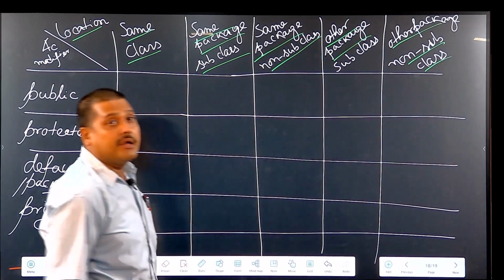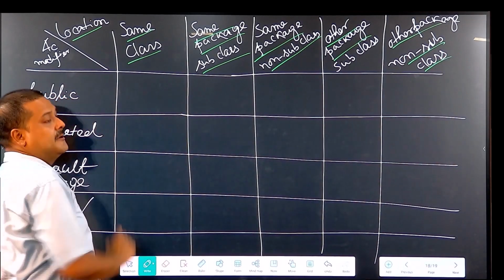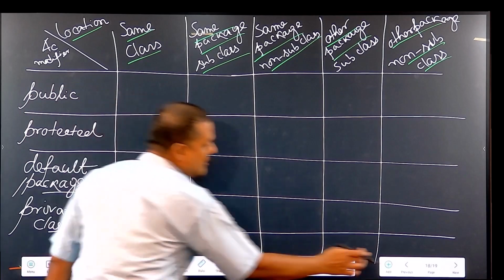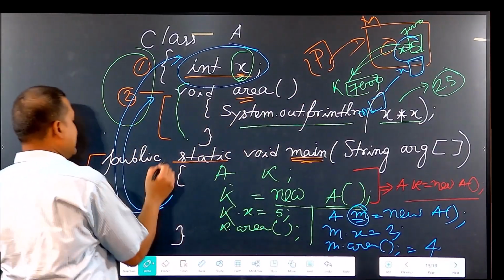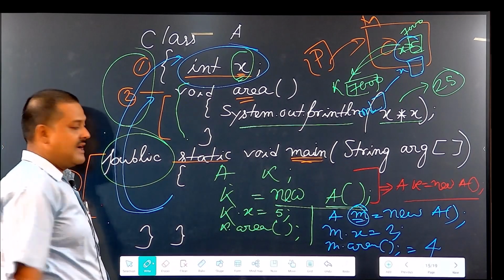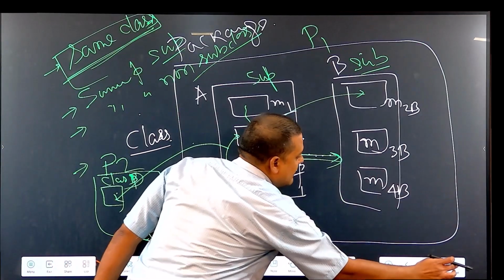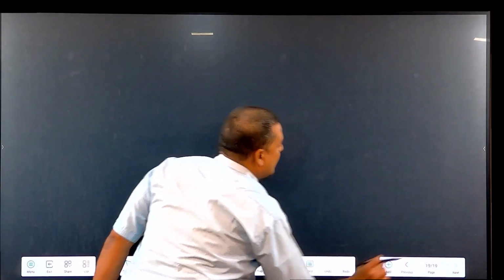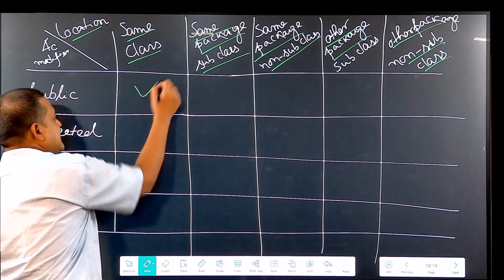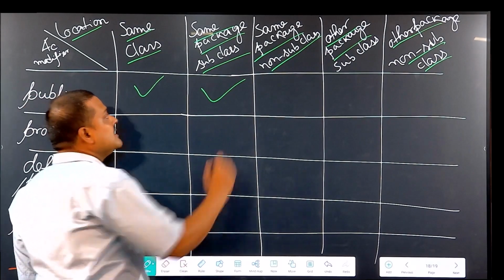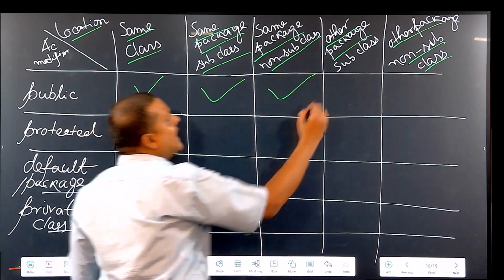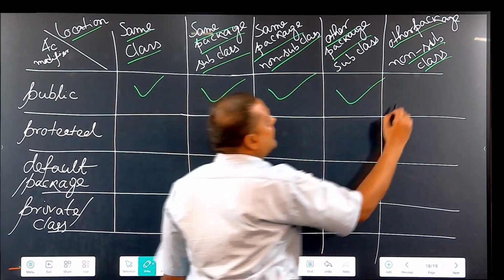If a member is declared as public, just like our main method, main is declared as public. This is the access specifier or access modifier. If a member is declared as public, then it can be accessed in the same class, same package subclass, same package non subclass, other package subclass, and other package non subclass.